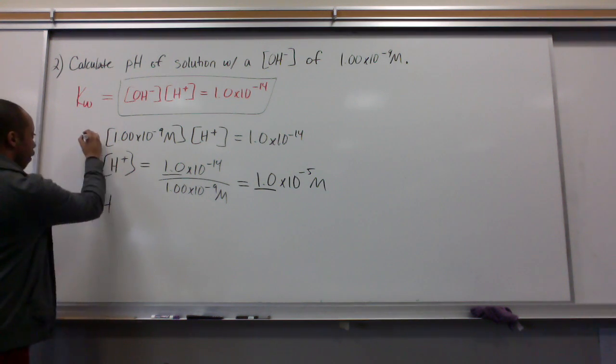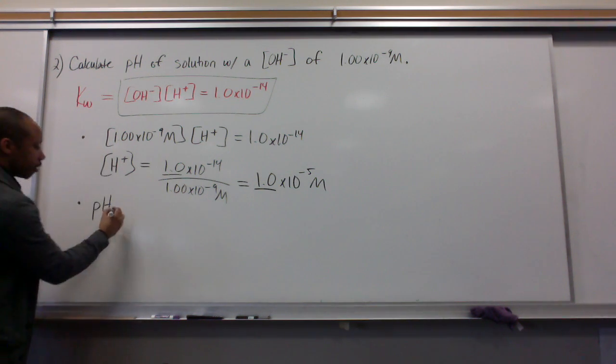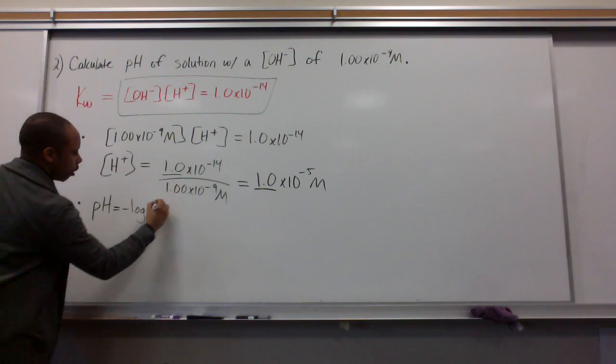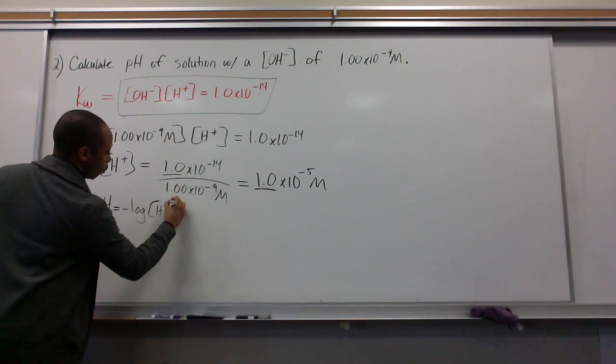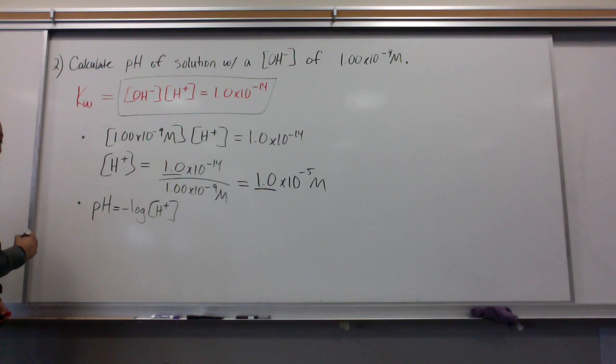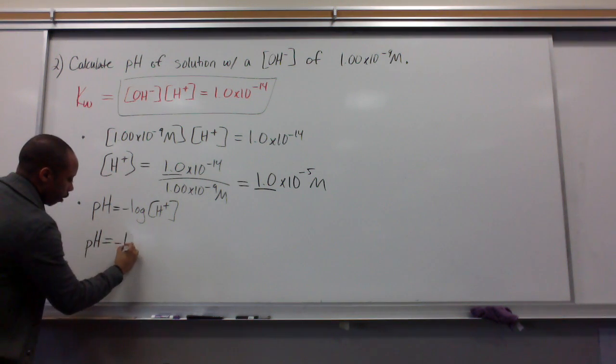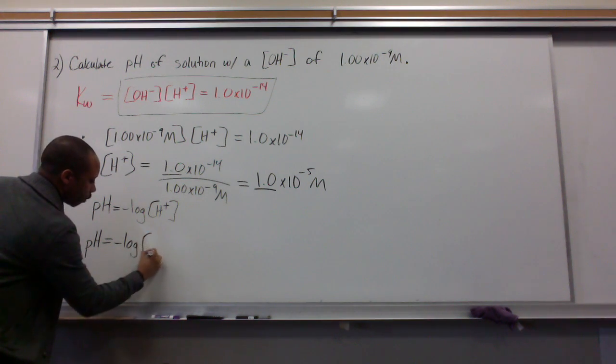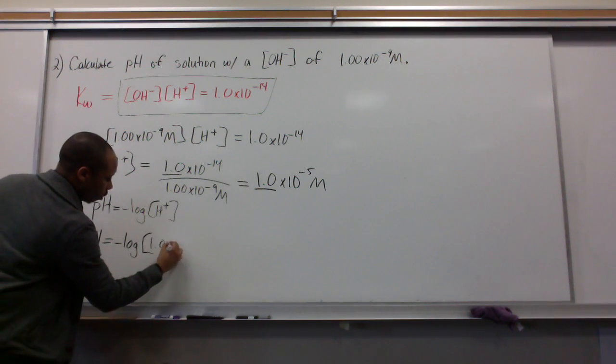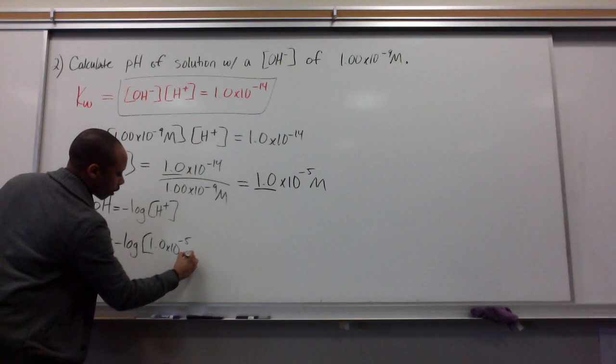So this is the first step. Second step: pH is equal to the negative log of my hydrogen ion concentration. So I take the negative log of the value that I just found, 1 times 10 to the negative 5th molar.